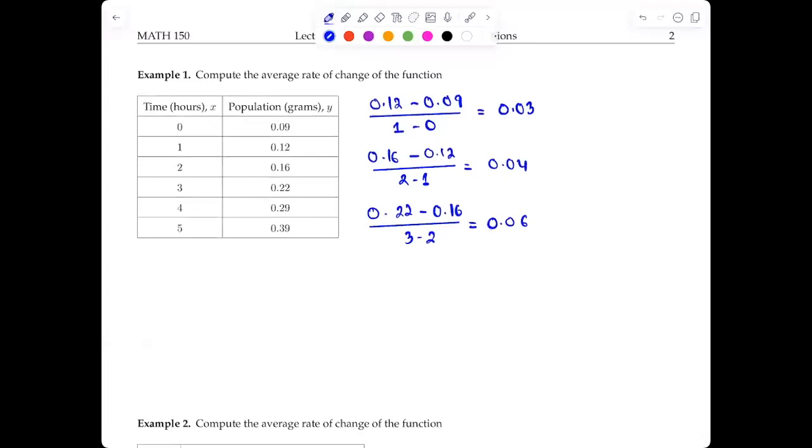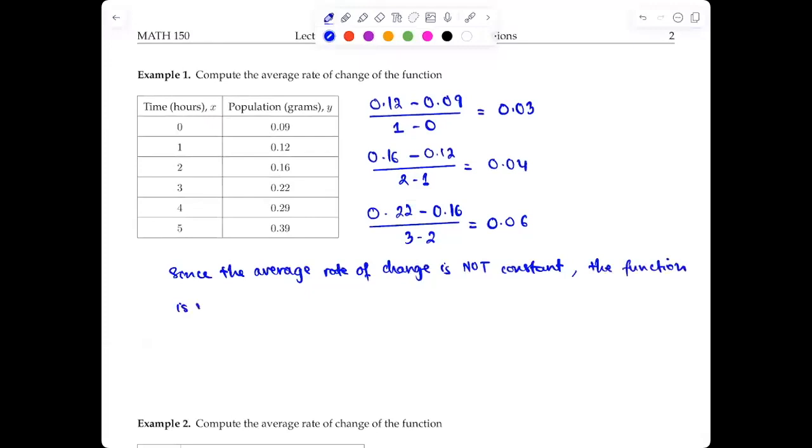Three values already indicate that that's not going to be a linear function. So from this calculation, you conclude that since the average rate of change is not constant, the function is not linear.